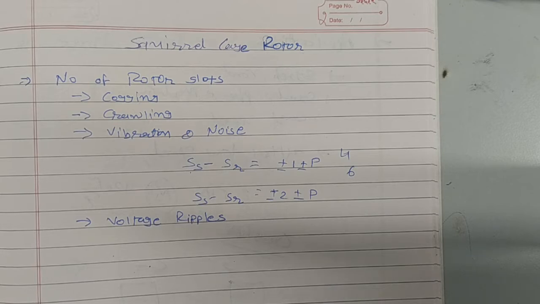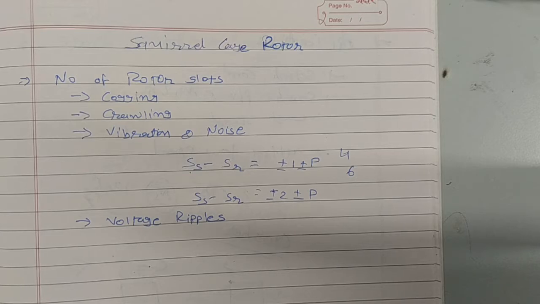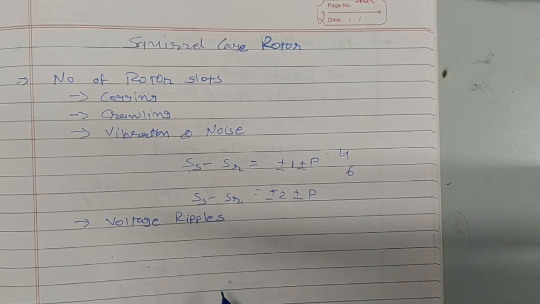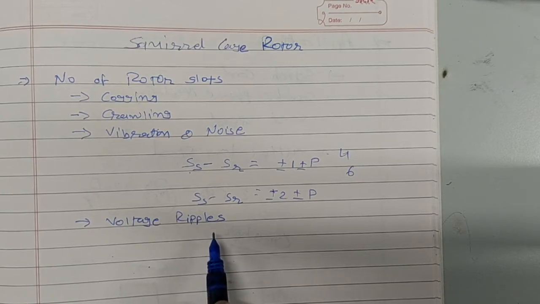Means if stator has harmonics, it will develop the harmonics in the rotor, and this rotor harmonic will reflect back into the stator, and this causes the ripples in the terminal voltage and also additional iron losses. Okay, so voltage ripple in the stator winding will also be observed.